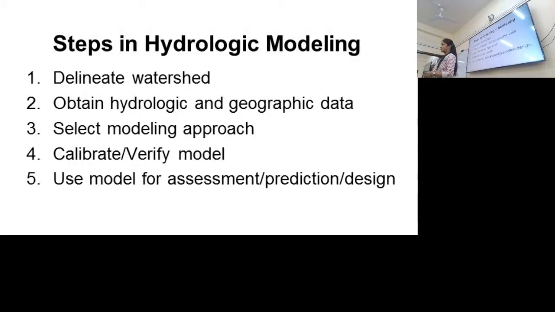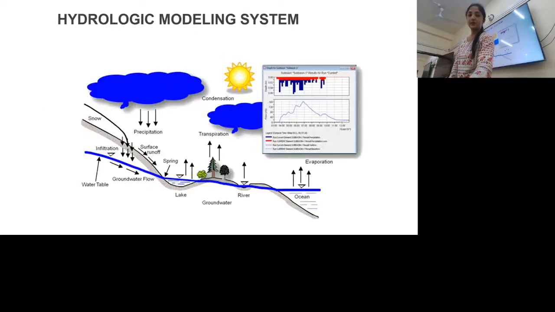Select the modeling approach depending upon your objective, what model you will be using. Then calibrate and validate the model. Once the model has been simulated, we will have to calibrate the model to check its accuracy. And then use the model for assessment, prediction and design. Once the model is ready, we can use it for further analysis.